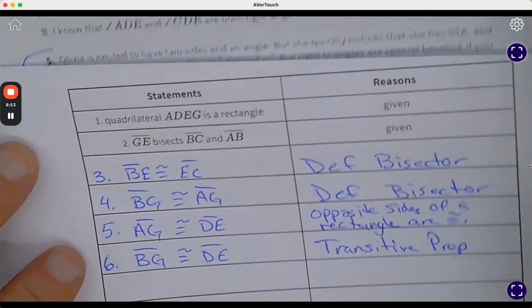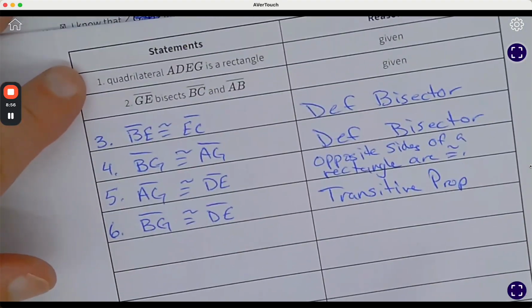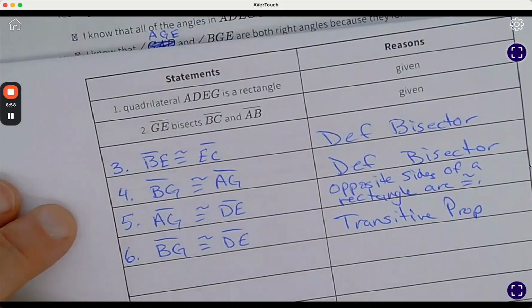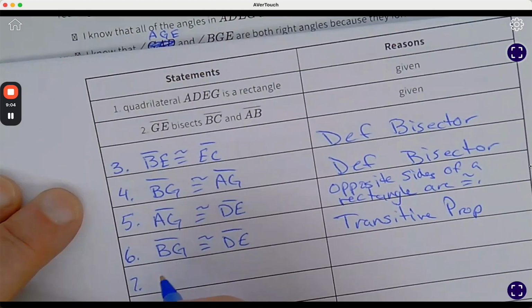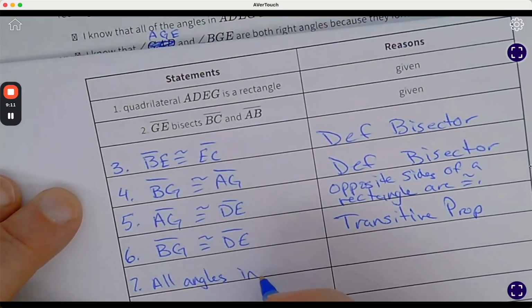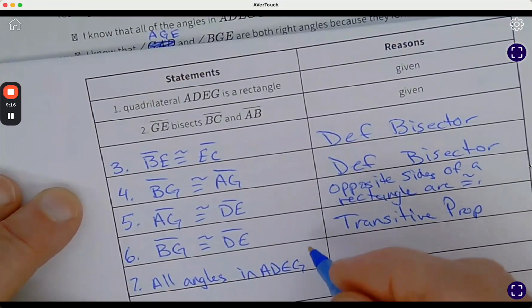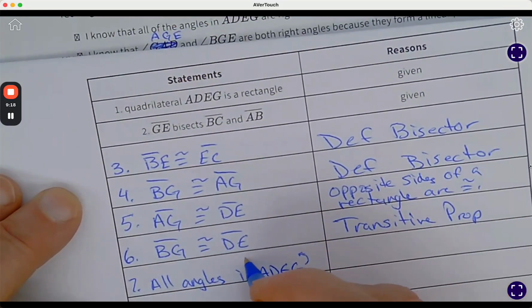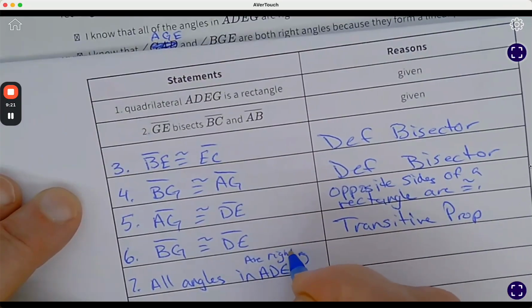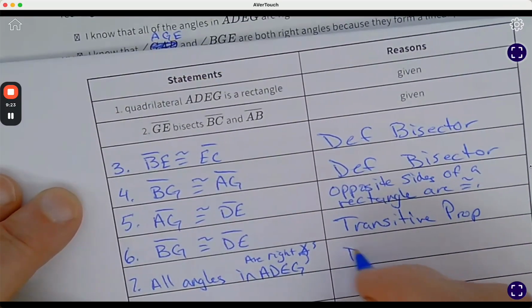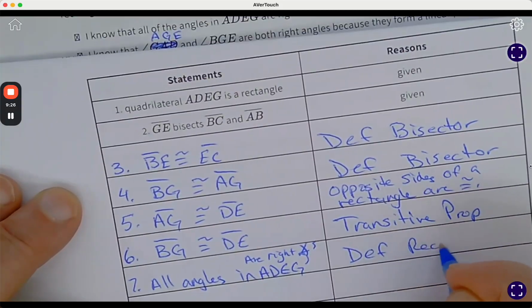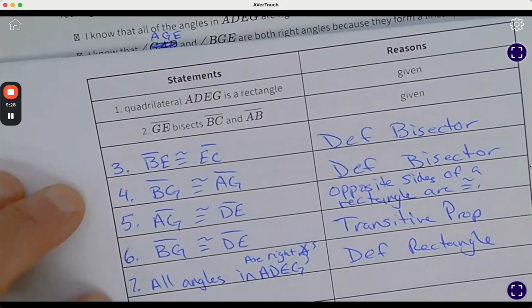Now we slide down to here. Okay, so all angles in ADEG are right angles. And that's by definition of rectangle. Okay?